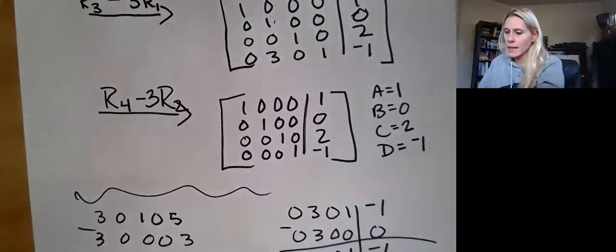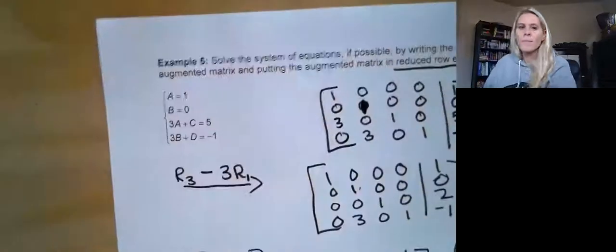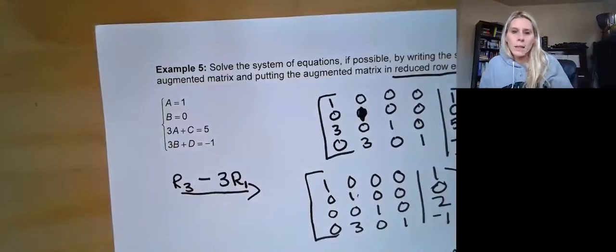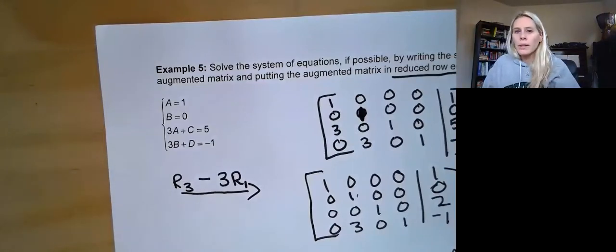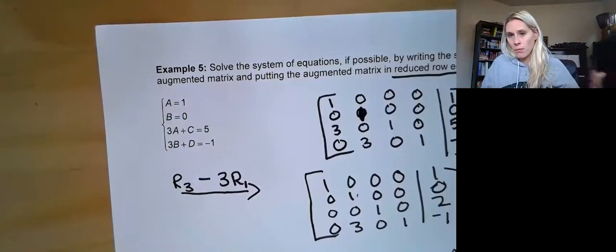Now, yes, I do think that this would have been easier to say, hey, we already know what A is, we already know what B is, let's just substitute it in and solve for that missing variable. The truth is, guys, one, they used easy numbers on purpose to show you, again, the reduced form. They also wanted to show you a 4x4 or a 4 equation system.